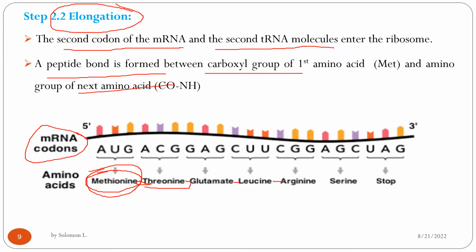And the sixth transfer RNA brings serine, which is coded by adenine, guanine, cytosine, and there is a peptide bond between arginine and serine. And finally, no amino acid is brought here because this codon codes for no amino acid. It is a stop codon. So at this point, protein synthesis is terminated.